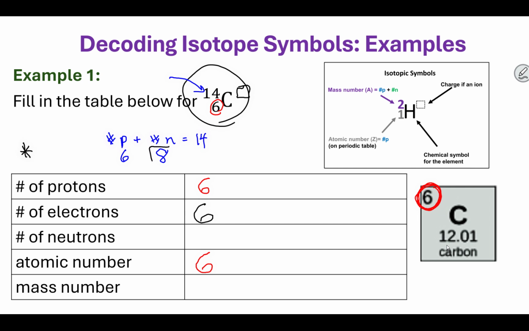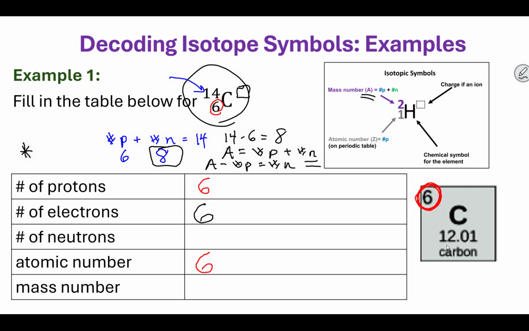Another way to say it is that your mass number, often indicated by A, equals number P plus number N. If you're trying to calculate the number of neutrons, you take the mass number minus the number of protons, which equals your number of neutrons. In this case, 14 minus 6 equals 8.